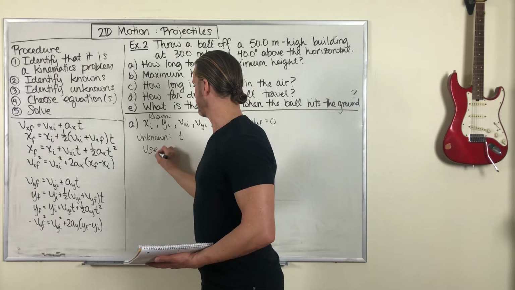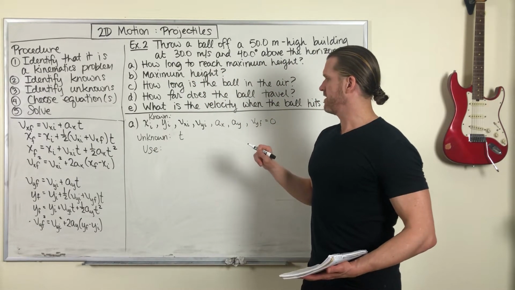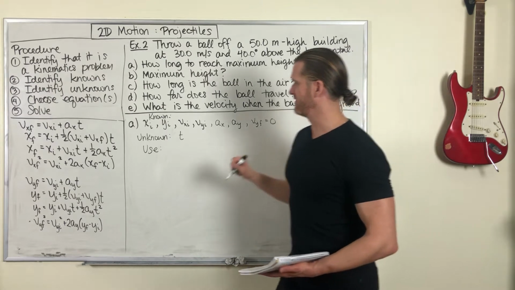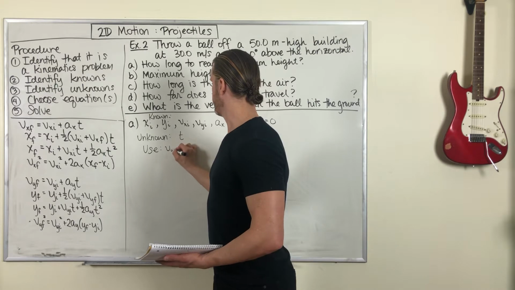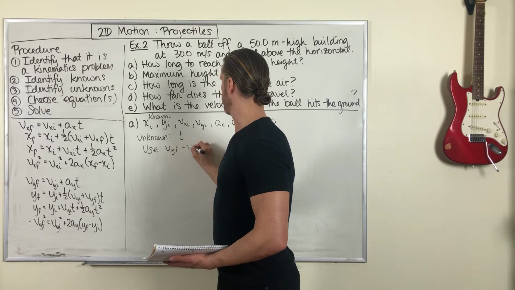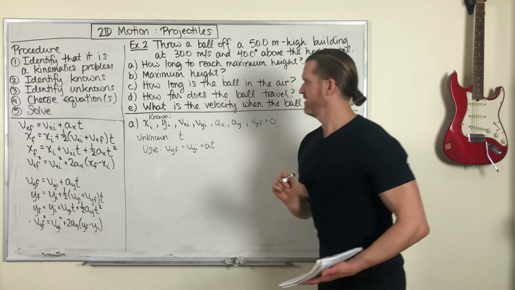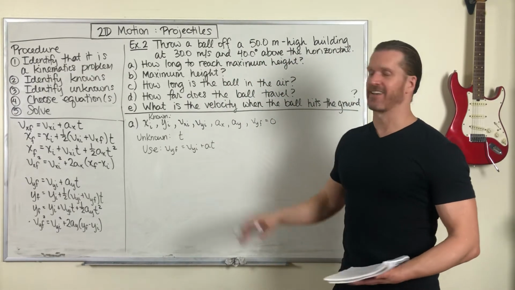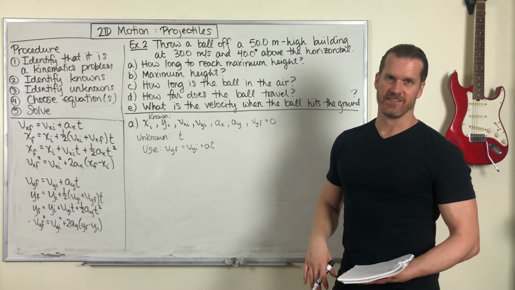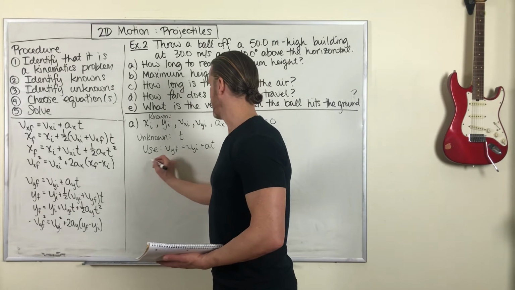We need to pick an equation to use. And the only one that's going to do it is this first y equation, Vy final equals Vy initial plus At. And if you're paying close attention, you might notice that we're doing exactly the same thing we did in the previous example. In fact, nothing has changed at all.